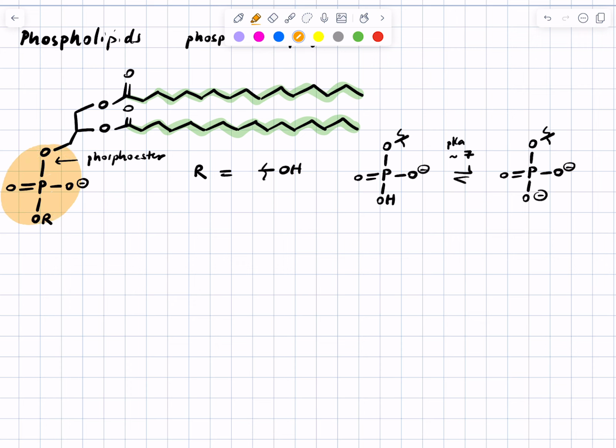In this case, the head group would have either 1 or 2 negative charges.